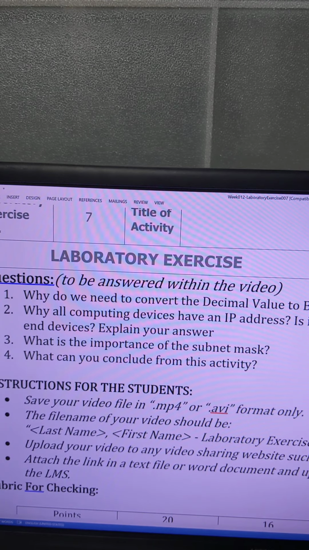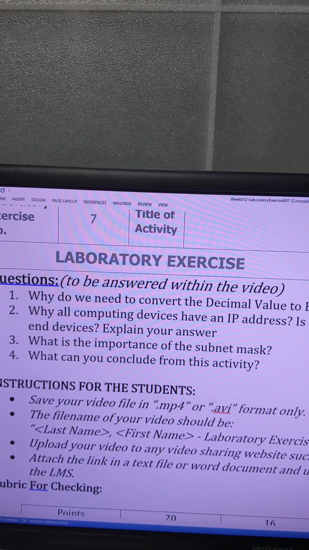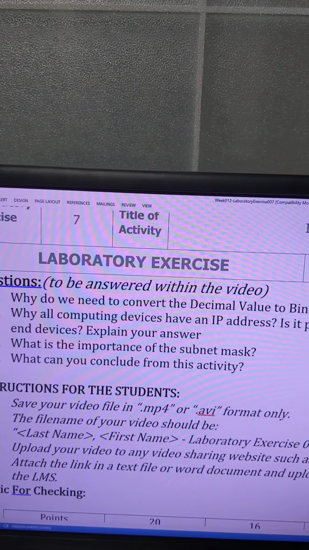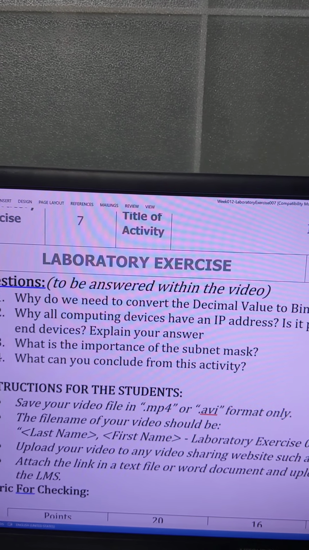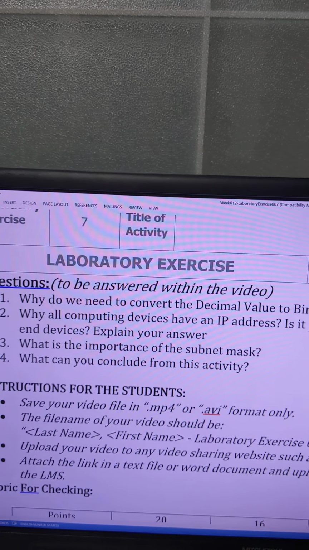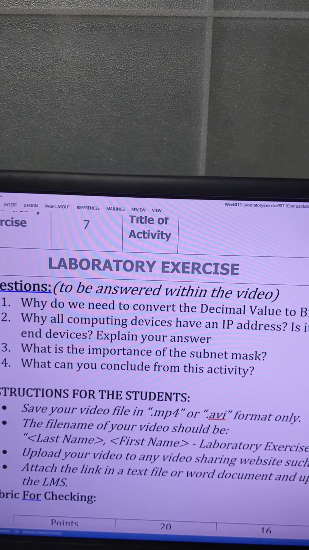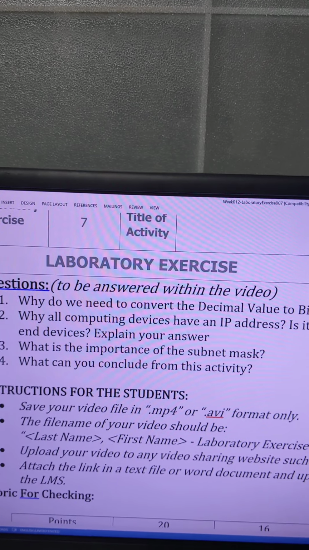And what can you conclude from this activity? Well, I can conclude that understanding how to read a network address and the subnet mask is very important if you want to be a successful network administrator. Thank you and God bless.